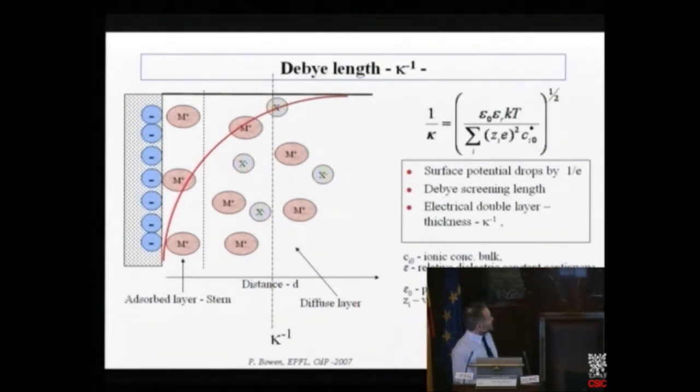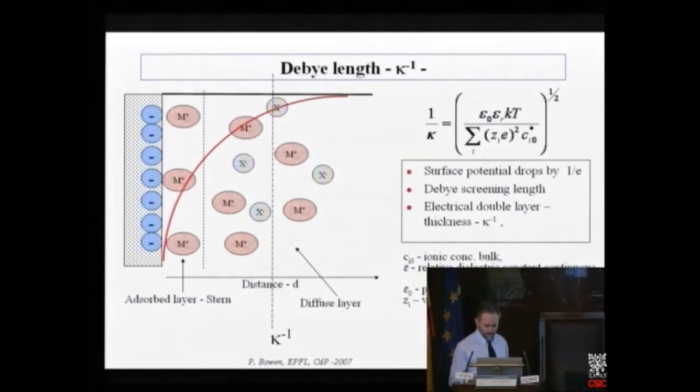So we have our 1 upon kappa, where our surface potential drops by 1 upon e. This is called the Debye-Hückel length, or sometimes the electrical double layer thickness, kappa minus 1, which depends inversely on the ionic concentration, the permittivity, the dielectric constant of our medium, and the valence of the ionic species that are in solution.